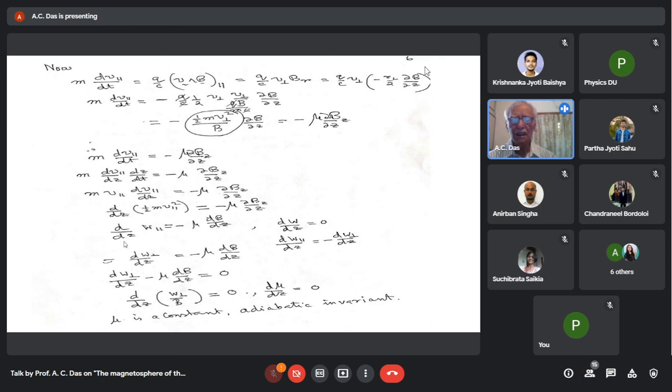in Maxwell's equations. You can do this calculation again by going to the equation dV/dt is equal to QE plus 1/c V cross B. There you write V is equal to V1 plus Vd because of the electric field, which can be written as cE cross B over B squared, plus Vp, which is given by c squared/(qB squared) dE/dt.